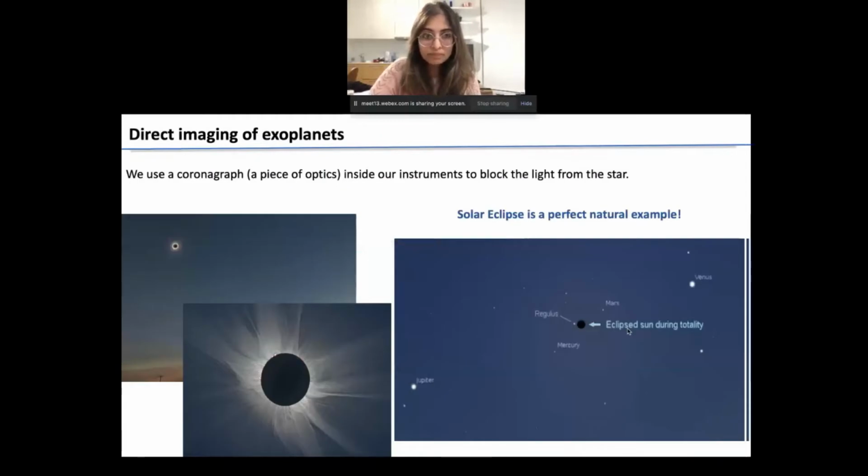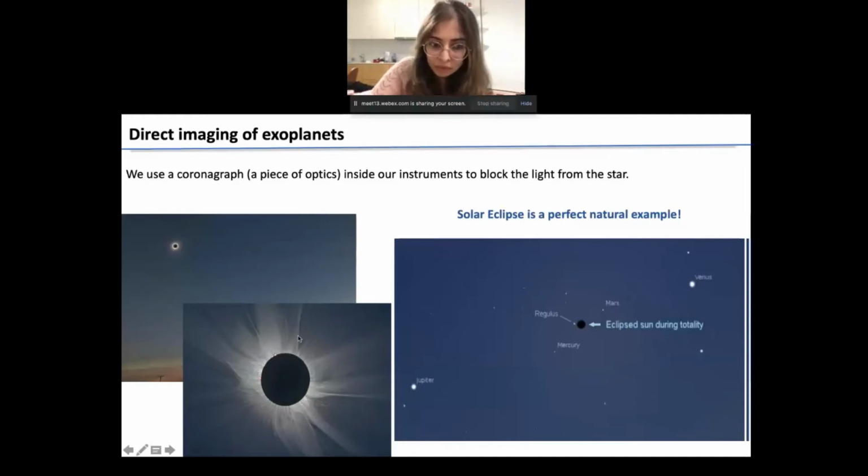All right. Remember I told you that you need to block the light of the star if you want to see anything faint around it. It's exactly like a solar eclipse. During a solar eclipse, the moon comes in front of the viewer and the sun, and blocks the light of our sun, and you can actually see the prominences and solar flares.